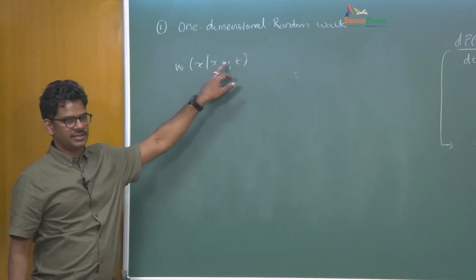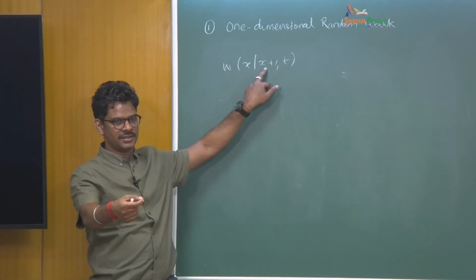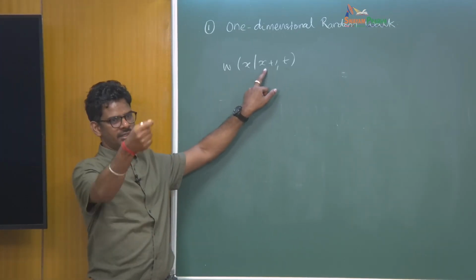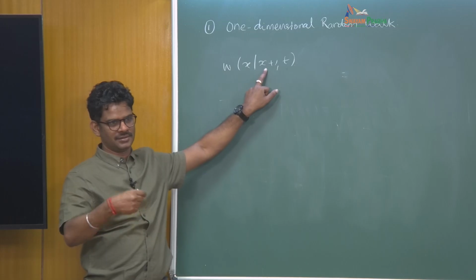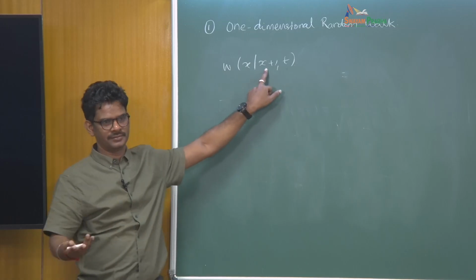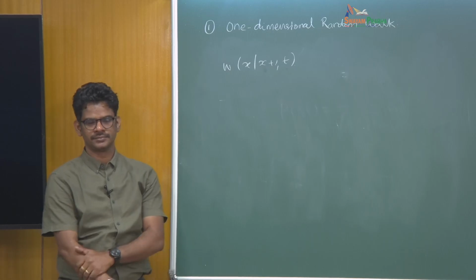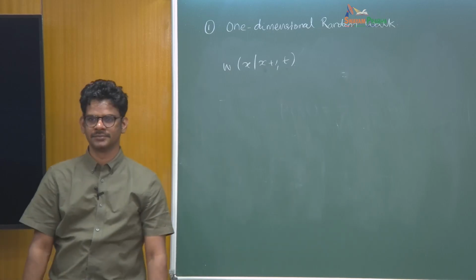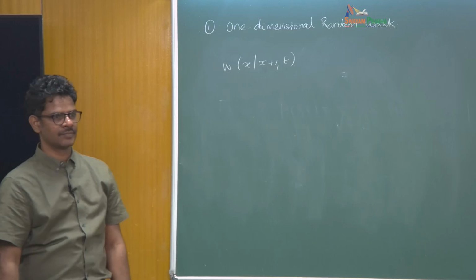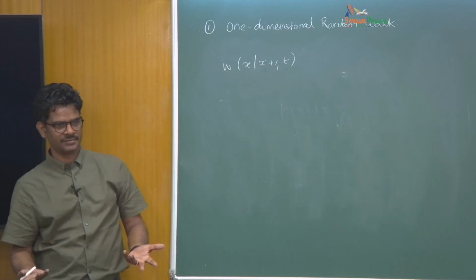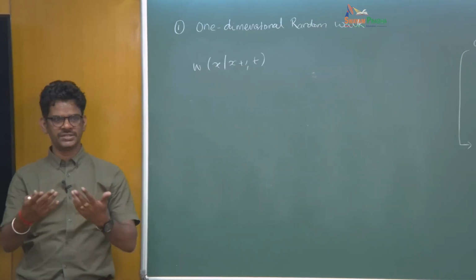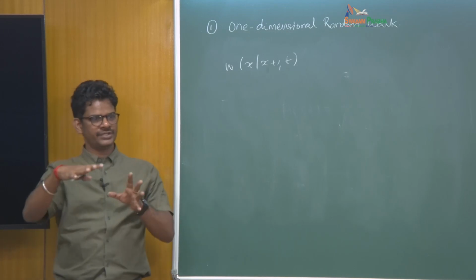What can we say about this? At time t, the position is at x plus 1 and the rate at which it will jump from x plus 1 to x, what would that be? We can associate some constant. We define some rate, which will depend on the diffusion coefficient and temperature and everything.